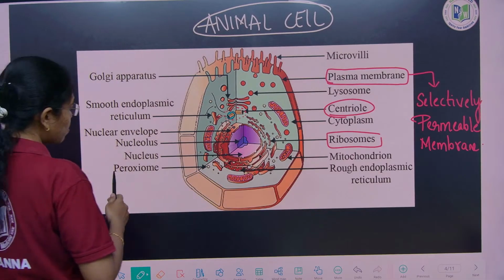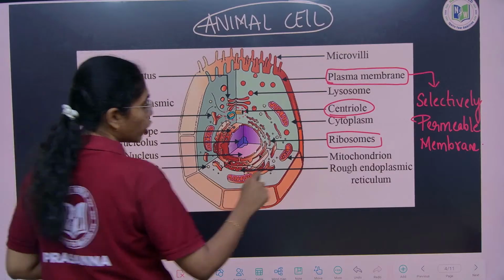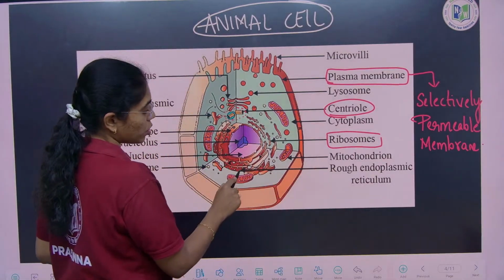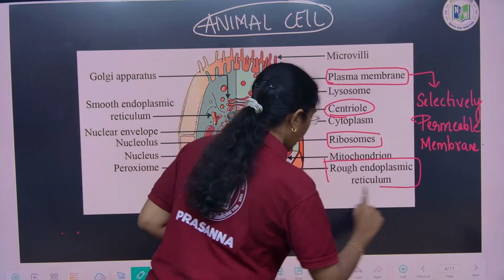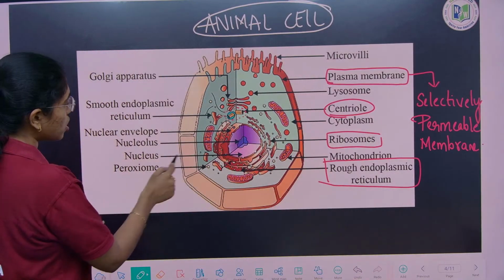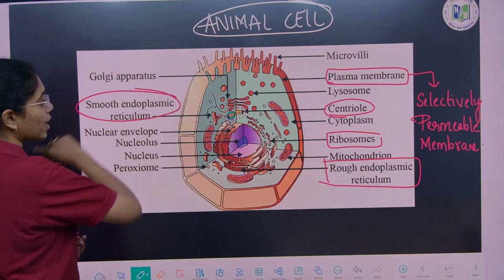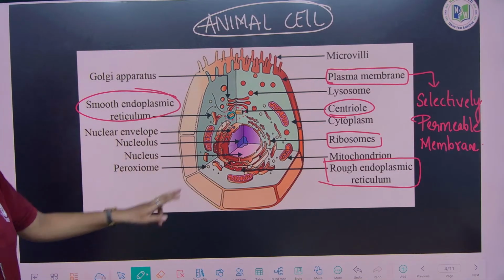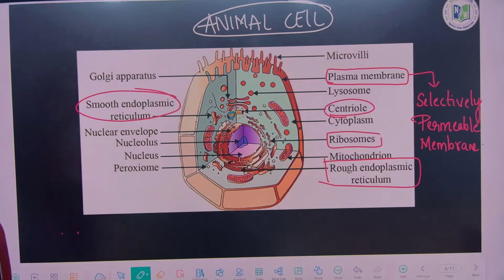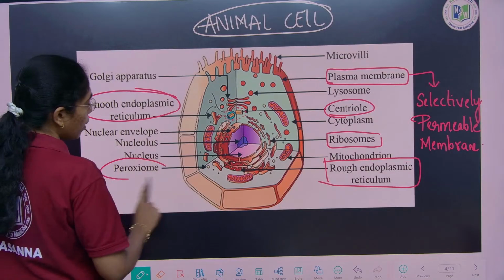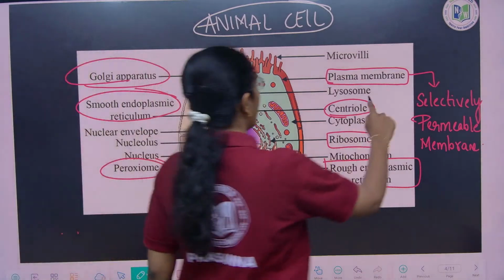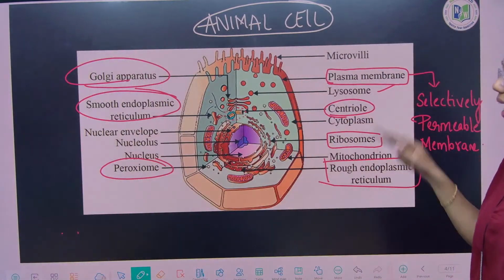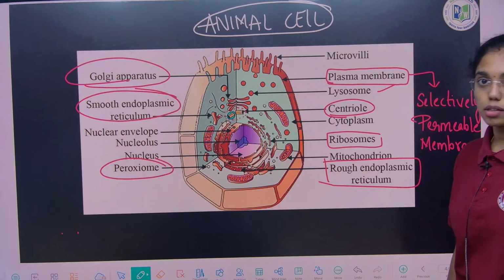Here you can observe the rough endoplasmic reticulum, the reticular structures with ribosomes above, then the SER in close proximity, followed by peroxisomes, the Golgi apparatus, and lysosomes. All these are single membrane bound organelles only.